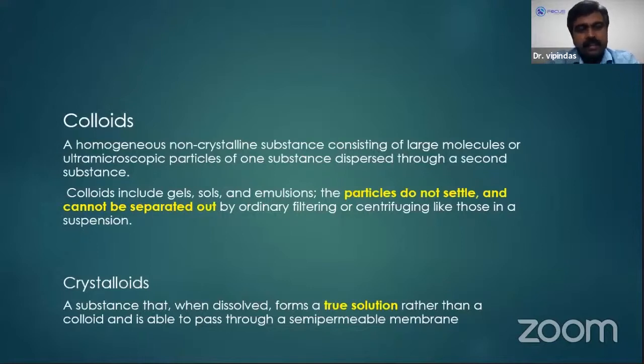Crystalloids form a true solution rather than a colloid, and one more very important thing, they can pass through a semi-permeable membrane. Crystalloids can pass through a semi-permeable membrane, colloids cannot.